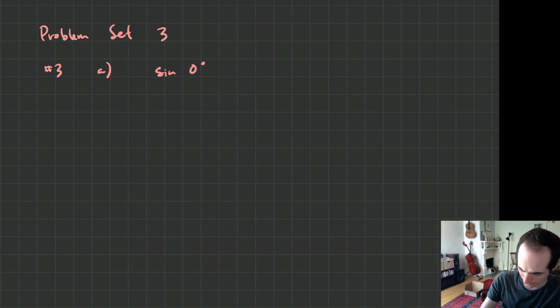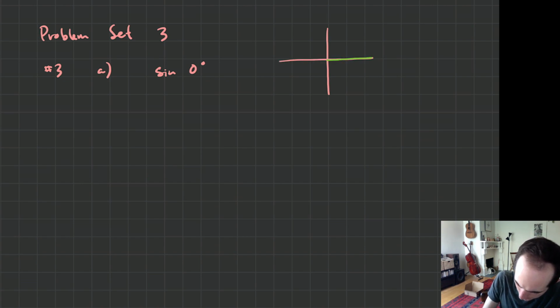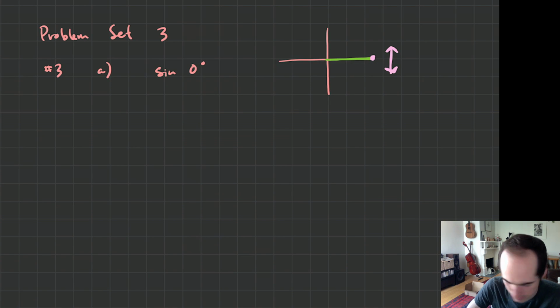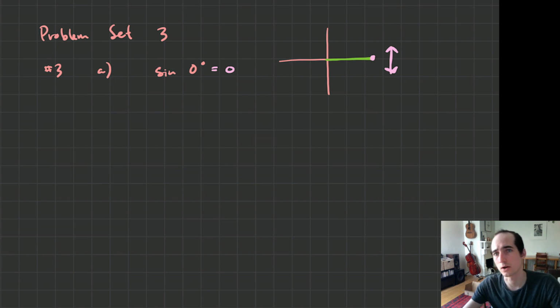If we look at our coordinates here, 0 degrees is just this, right? And sine measures the y coordinate of our terminal point, right? So sine of 0 degrees is 0. So sine of 0 is equal to 0.